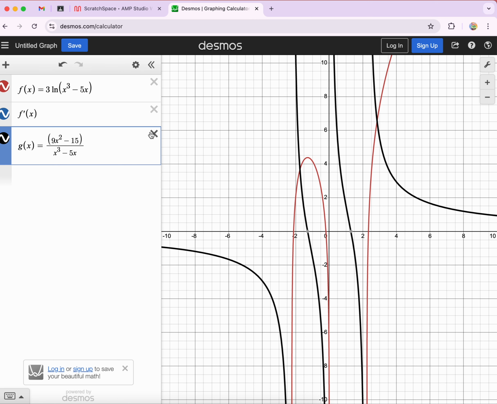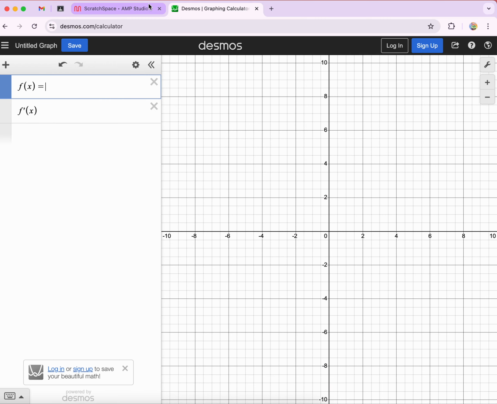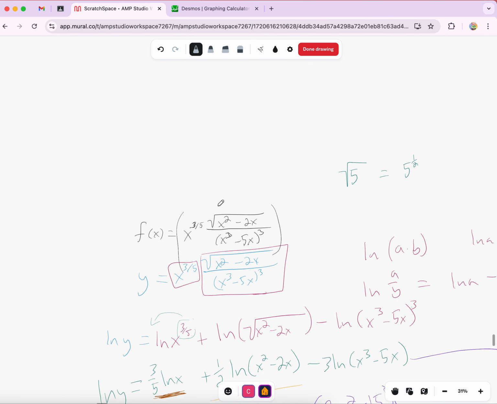So let's try and type this in. We'll see if it's possible. It's kind of a nightmare to type on Desmos, but let's see what we can do. So I'm going to eliminate that, and I'll type in the original function.